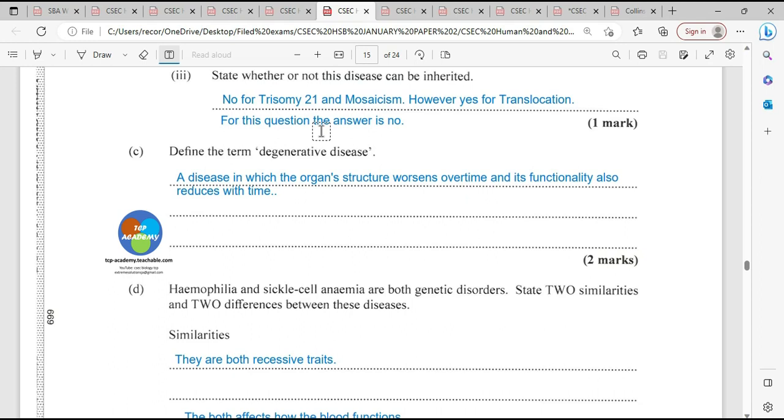Hemophilia and sickle cell anemia are both genetic disorders. State two similarities and two differences between these diseases. Awesome. Pay attention. The similarities are they are both recessive traits. They both affect how the blood functions.